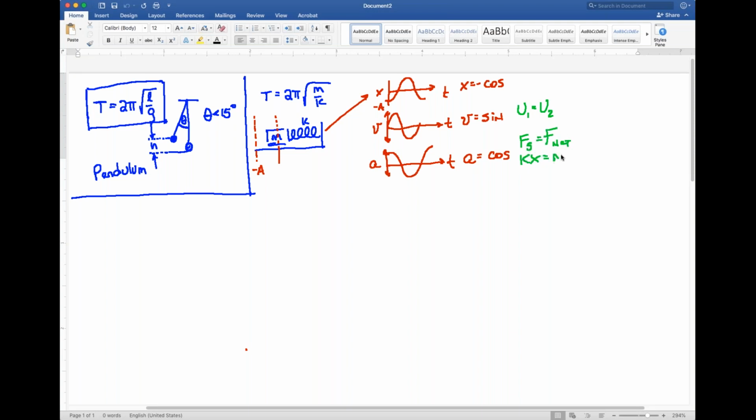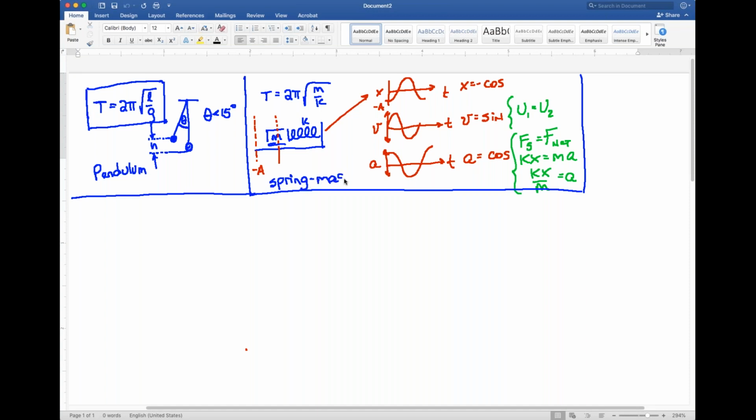So we get kx is equal to ma. Solve it for a. We get kx over m is equal to a. So these are just common outputs for velocity or acceleration. And, in short, that is the difference between a pendulum and a spring mass oscillator.